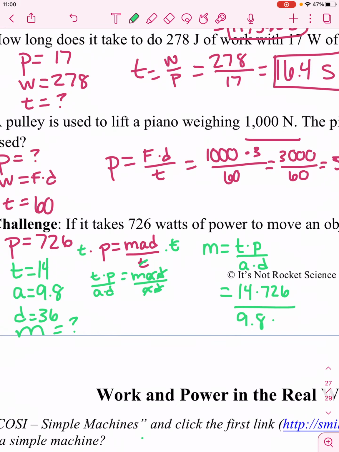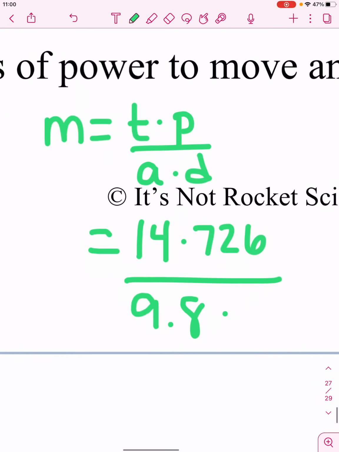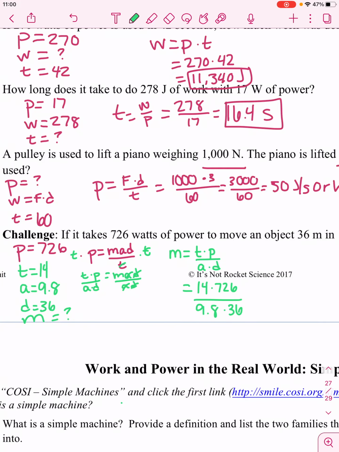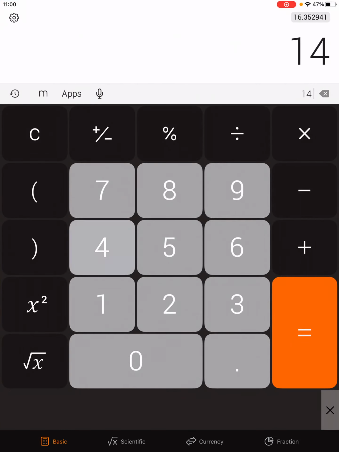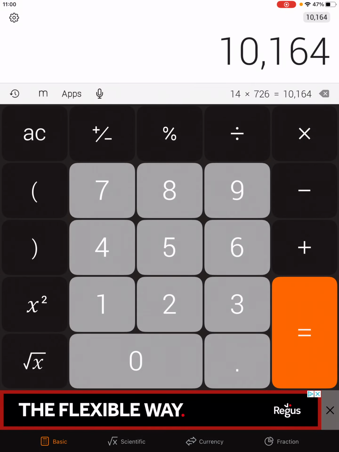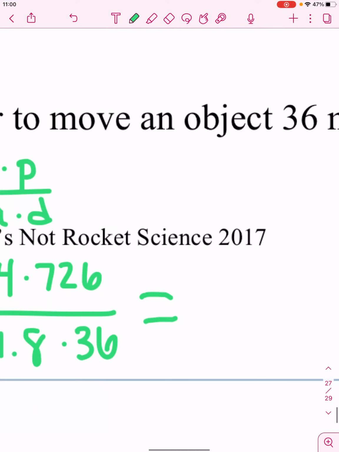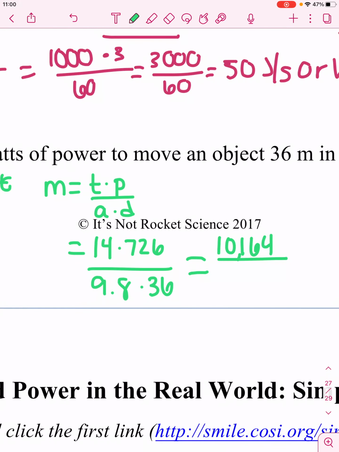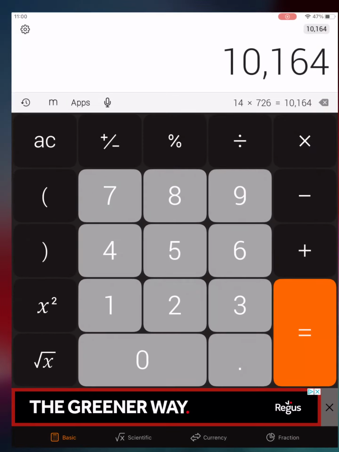So I have 14 times 726, 10,164. And then 9.8 times 36, 353. Just going to go ahead and round that to a whole number here. As I'm dealing with big numbers, I'm not going to need that. But if you already did this one and you use 352.8, that's fine too.